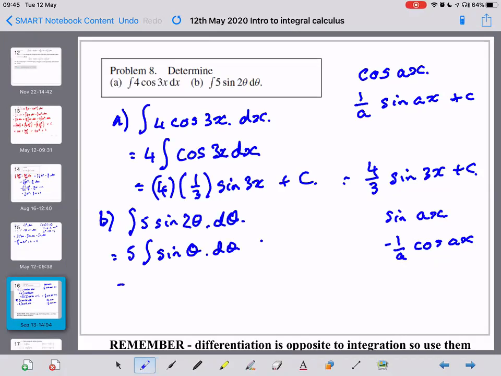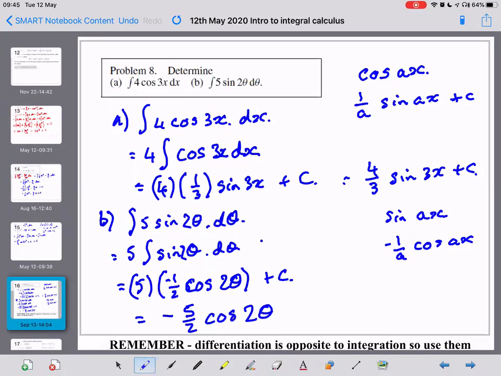So therefore, the answer is 5 times minus 1 over 2 cos 2 theta plus c. So it is, final answer, minus 5 over 2 cos 2 theta plus c.